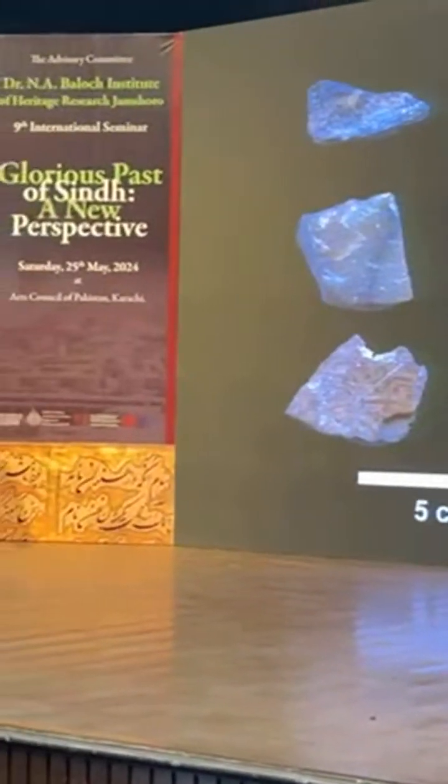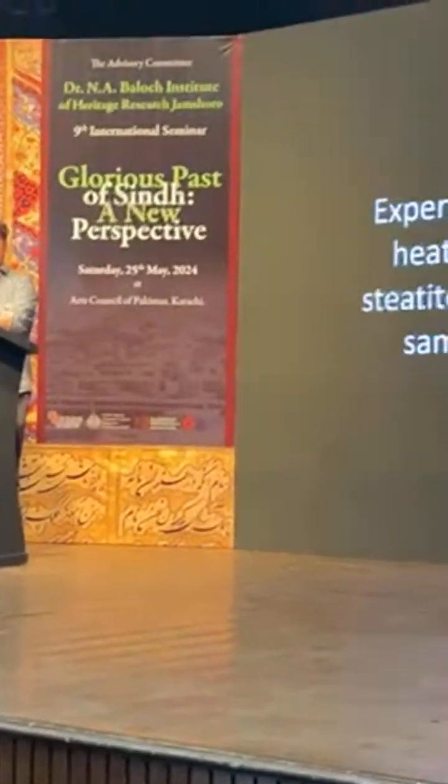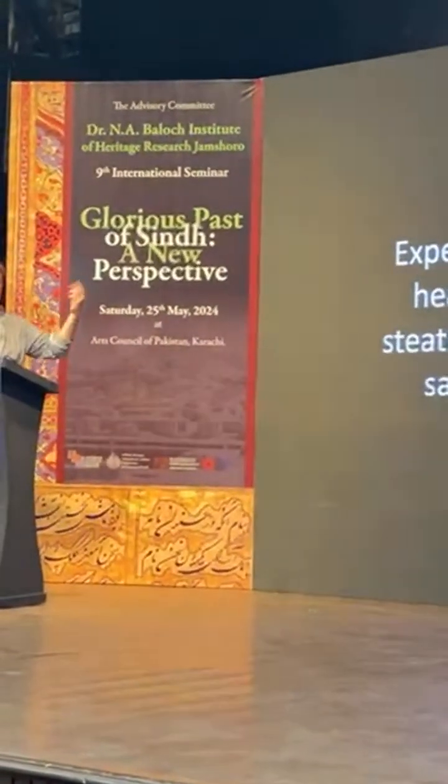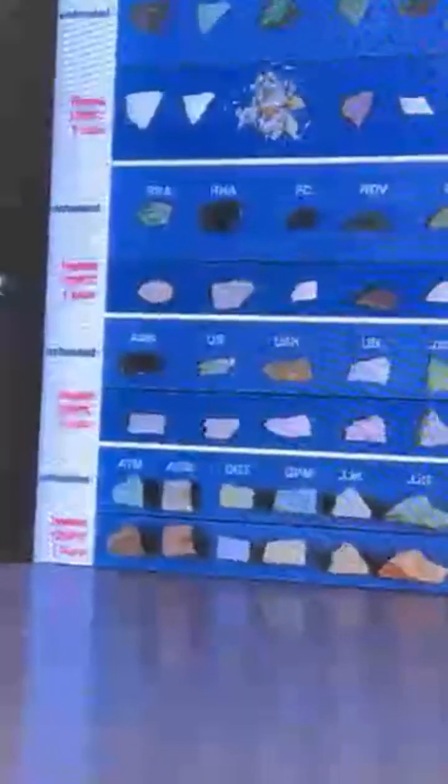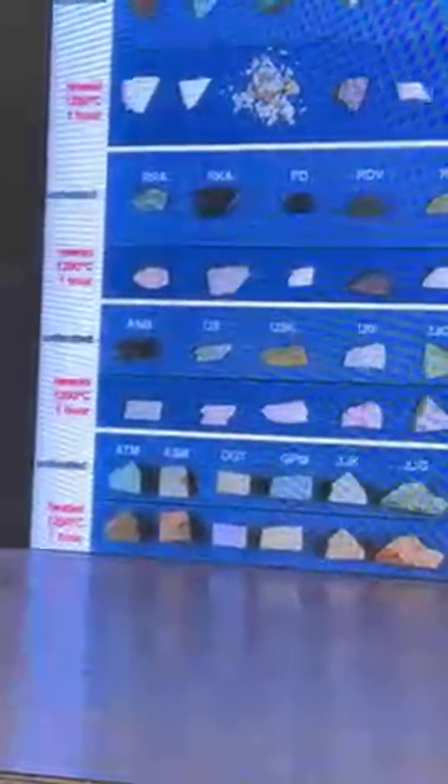Now that's great, but what I learned from experimental studies, where I took steatite from all those different sources that I collected and heated them experimentally, is that they don't all turn white. And those that do just happen to be the very same deposits located in northern Pakistan. Las Bela steatite is fantastic for carving, but if you want a white Harappan seal or a white bead, it's not what you would use, and so the Harappans didn't.